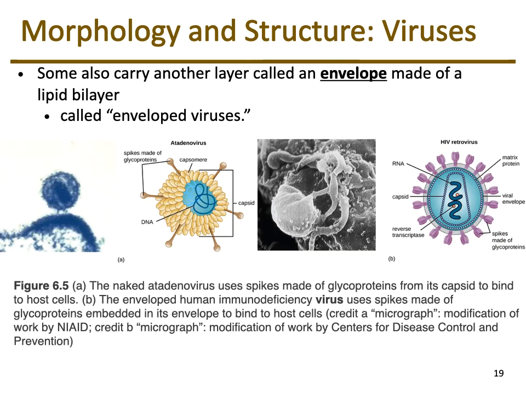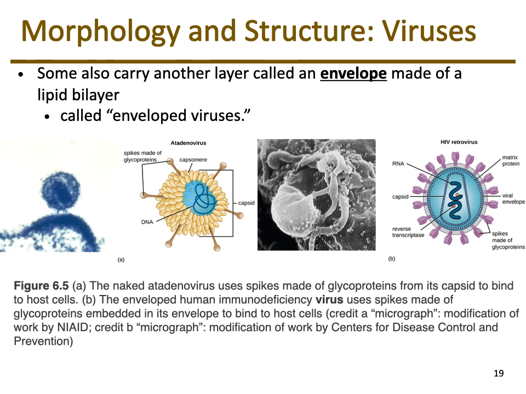So looking at viruses that can infect humans or mammals, there are also viruses that can infect plants. Some of those viruses will have an envelope. If we look at panel A, on the left here, this is actually a naked virus, or a non-enveloped virus.